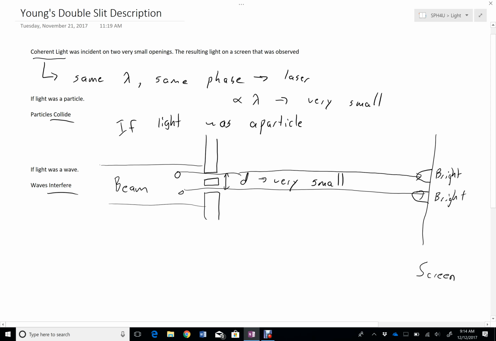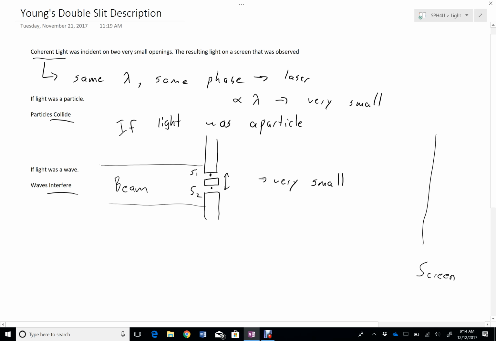Alternatively, if light was a wave, we shouldn't see the two bright spots offset like that, but instead, just like two sources sitting on the top of a pond, the waves should come out and diffract out of here and travel to the screen.